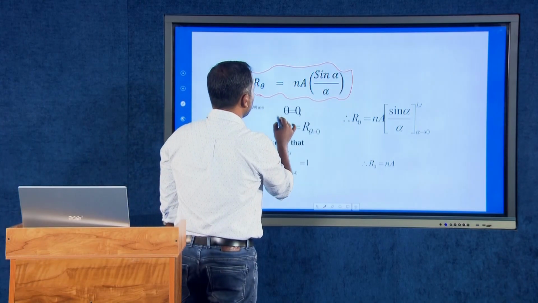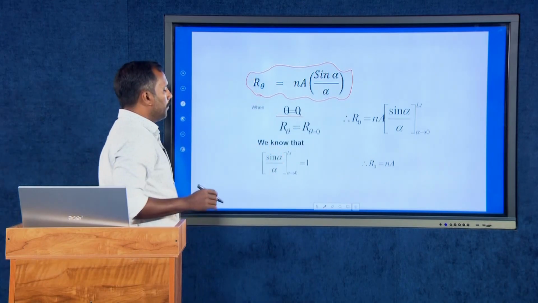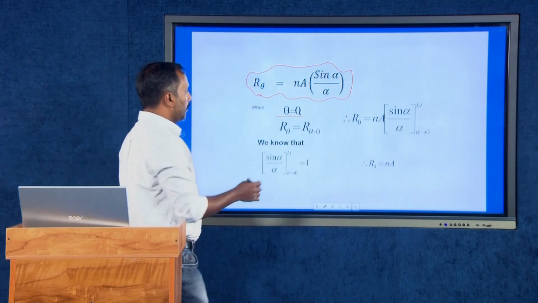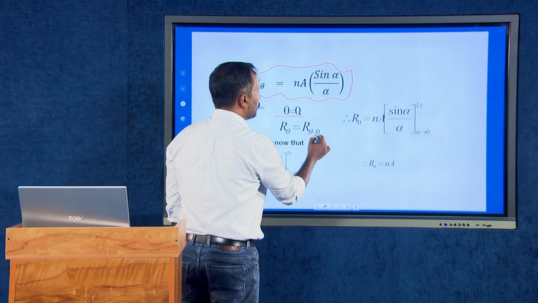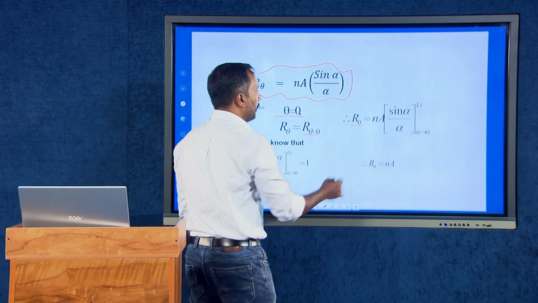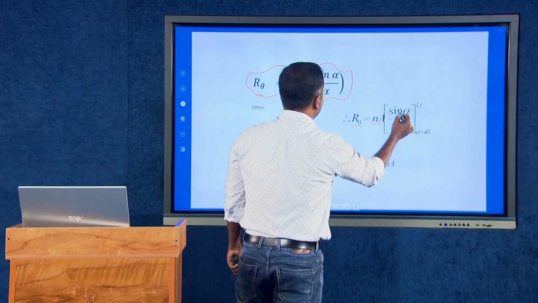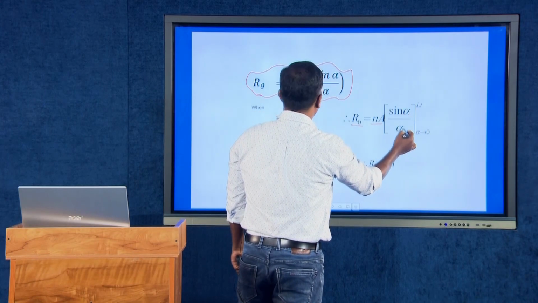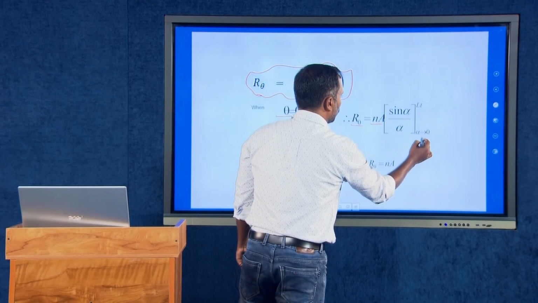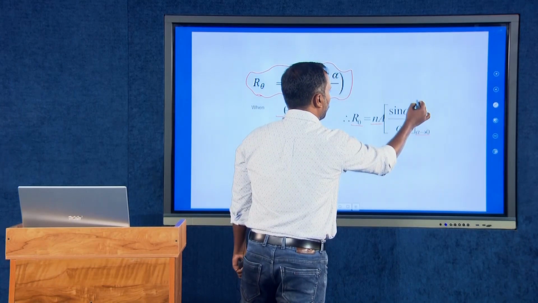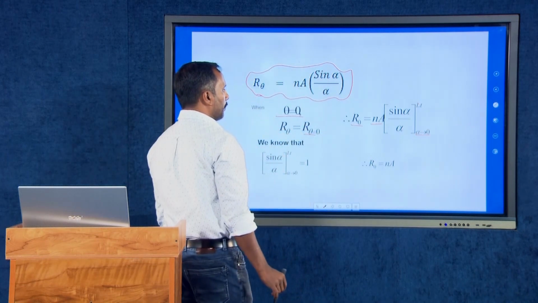So when theta is equal to 0, r theta becomes r of 0, that will be n into a sin alpha divided by alpha when theta is equal to 0. When theta is equal to 0, alpha obviously becomes 0, you can apply the limit alpha tends to 0.